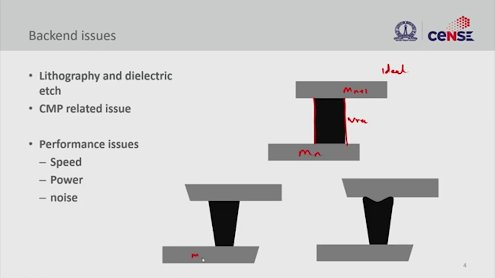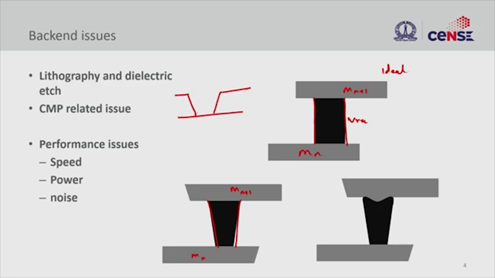But then after fabrication, you see something like this. You have a sloped sidewall. This is coming from dry etch, or patterning in particular.